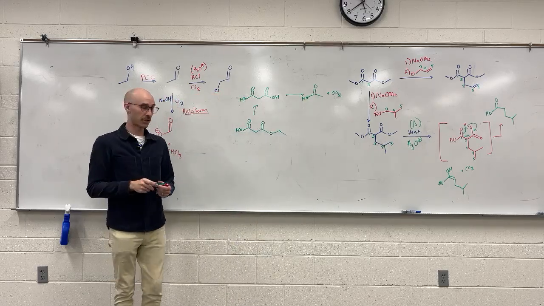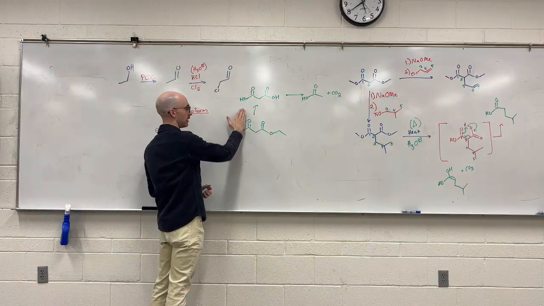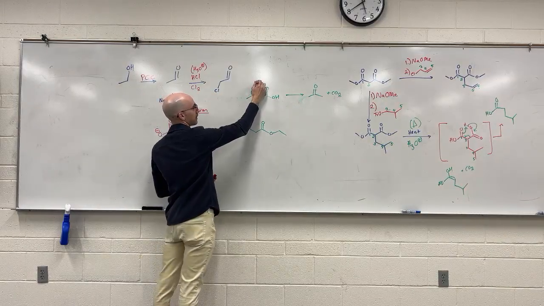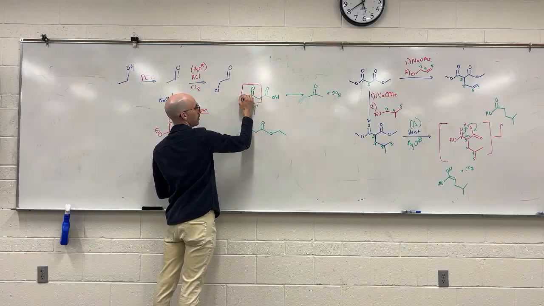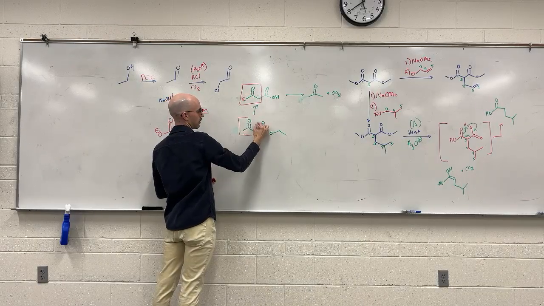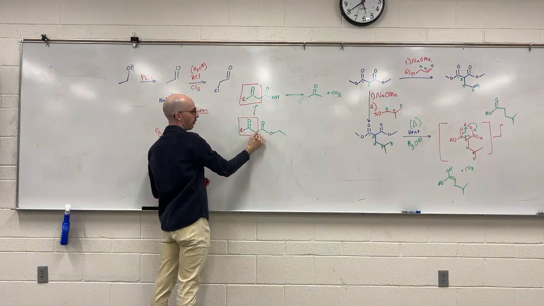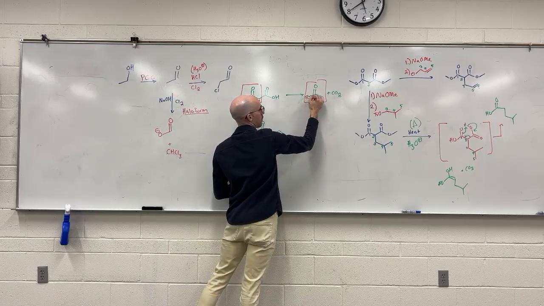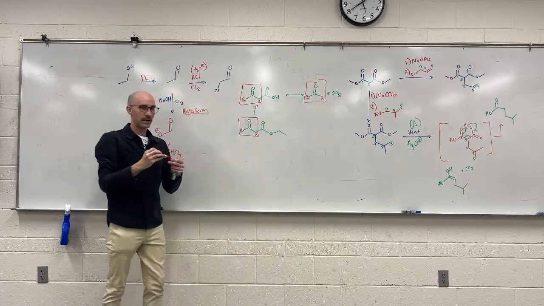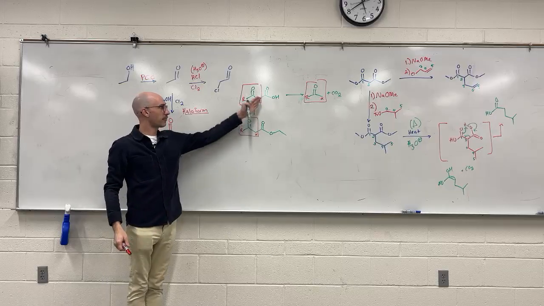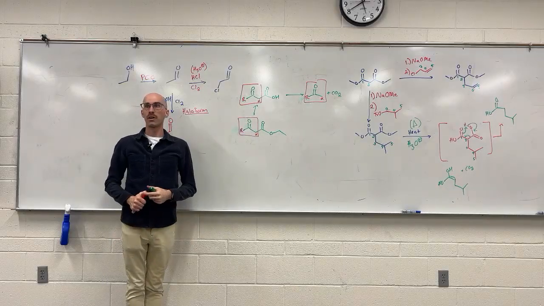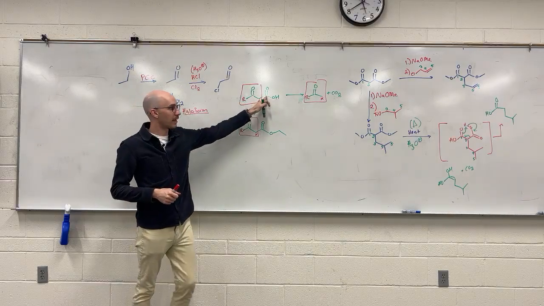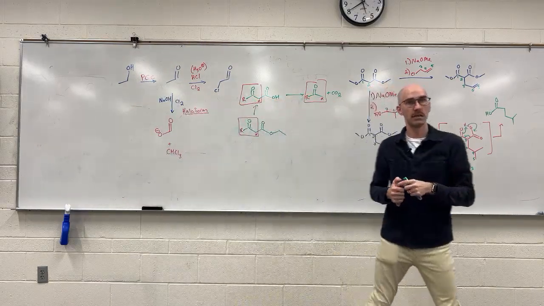The key feature of this decarboxylation is that you're left with a carbonyl on one side with the alpha carbon intact. And you cleave off one of the carbonyls. You cleave off the carboxylic acid's carbonyl.